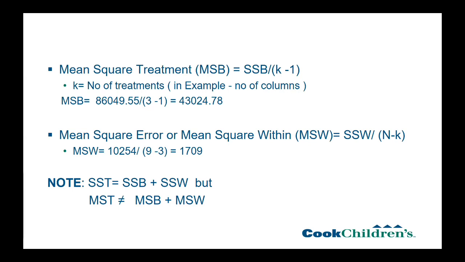And for the within mean square, you are subtracting 9 minus 3 for the degree of freedom for the mean square error. So bringing it together, you have 1,709 for the mean square within.